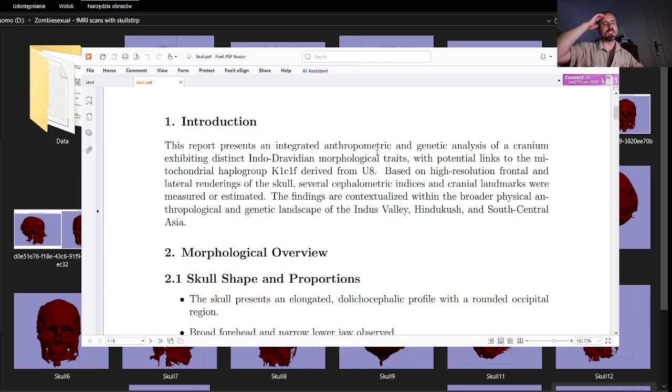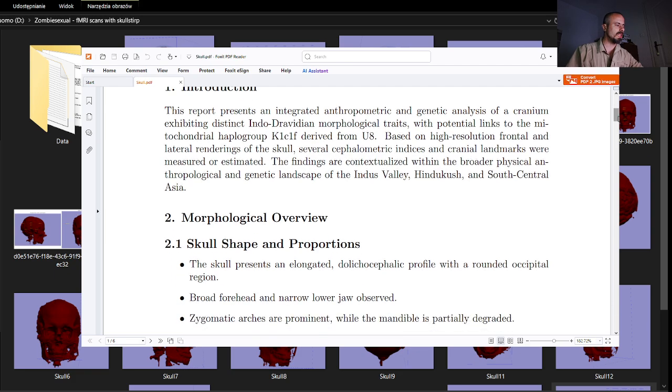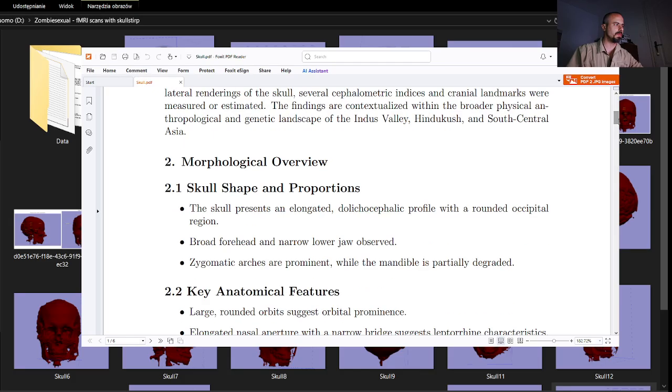I wanted to study why I have those two horns on the front of my skull, and that was very popular amongst Indo-Dravidian populations, those little bumps on the skull that are non-pathogenic, not pathological. And the mitochondrial haplogroup is K1C1F derived from U8.